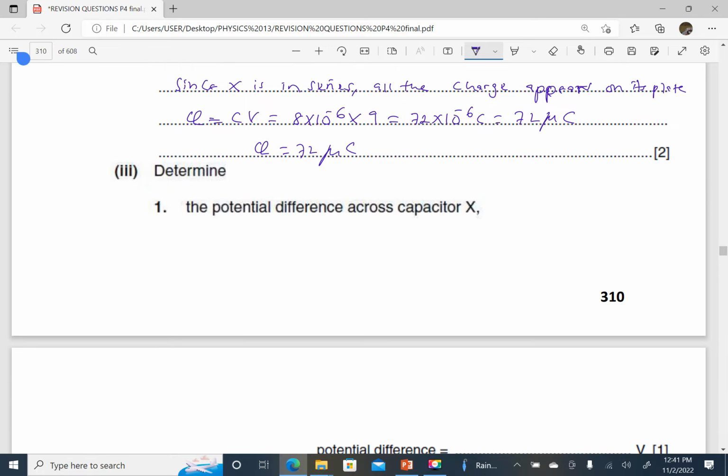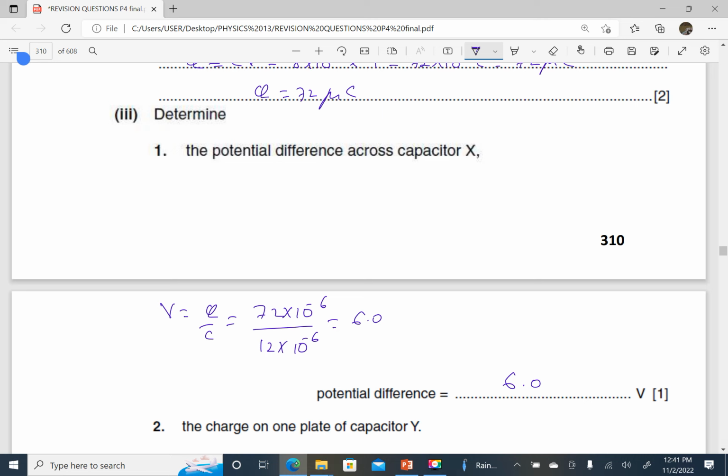The charge is 72 times 10 power negative 6 divided by the capacitance, which is 12 microfarads, that is 12 times 10 power negative 6. 72 by 12 is 6. So this is 6.0 volts.